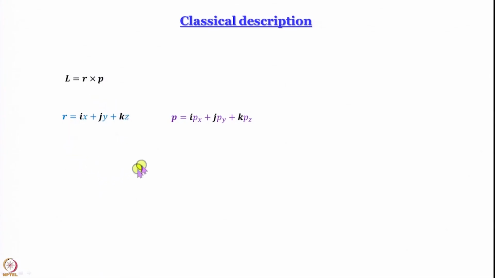Perhaps I do not have to explain to you what i, j, k are, but I still will. i is a unit vector along x axis, j is unit vector along y axis, k is unit vector along z axis, and x, y, z are the magnitudes of the x, y, z coordinates of the point we are talking about in the first place. I hope that is clear. Similarly, p is defined as i into Px plus j into Py plus k into Pz.